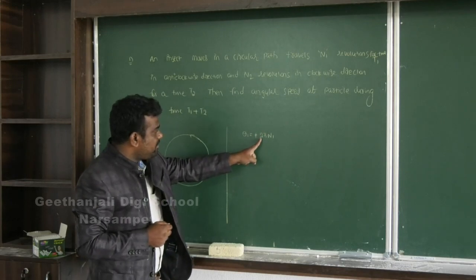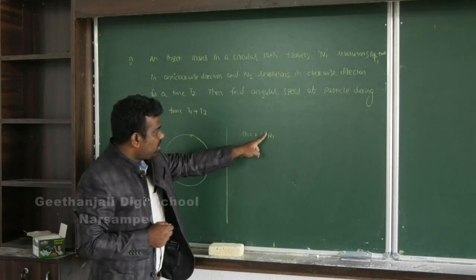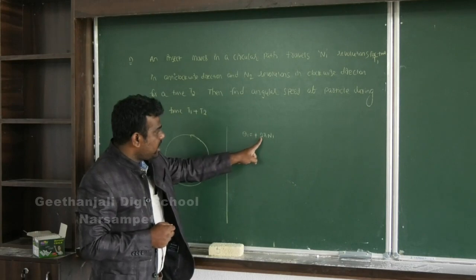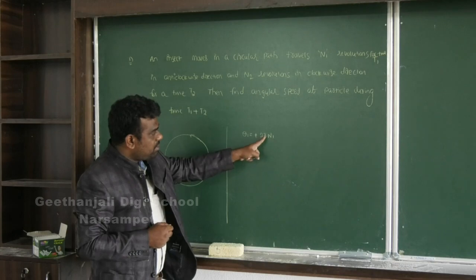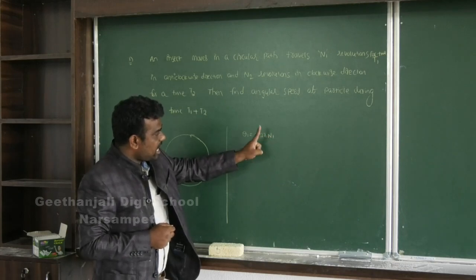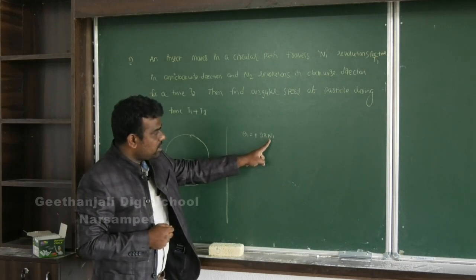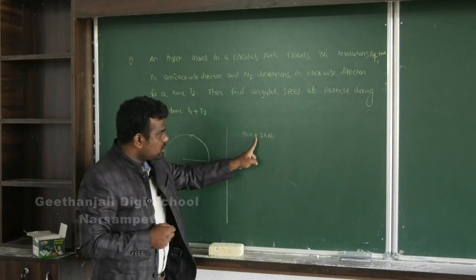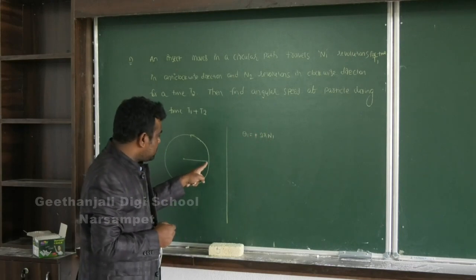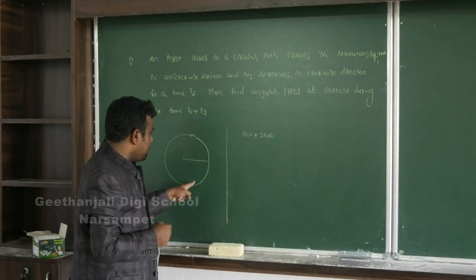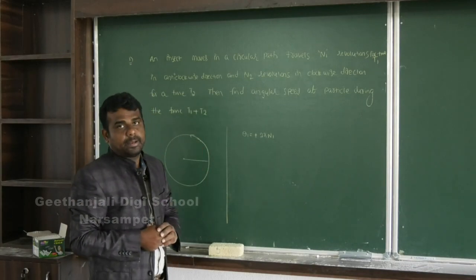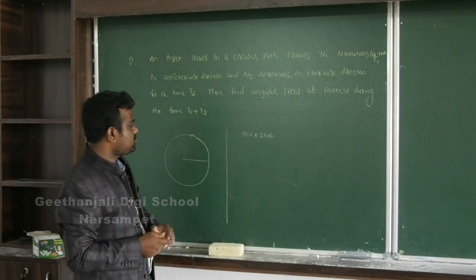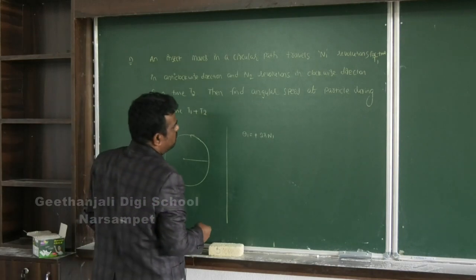If the insect completes one revolution, the angle completed is 2 pi. If it completes n1 revolutions, the angle is 2 pi n1. And why should I take the plus sign? That insect is moving in an anti-clockwise direction. So theta 1 is equal to plus 2 pi n1. Clear?